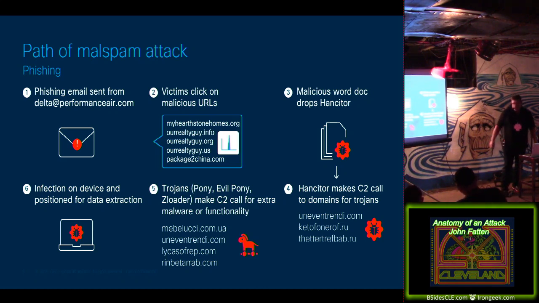From there, there are additional command and control calls that are made out to pull down whatever future malware or whatever the next step is that they want to use. But you end up with an infected device that essentially is ready for exfiltration or ransomware or whatever you want to do.